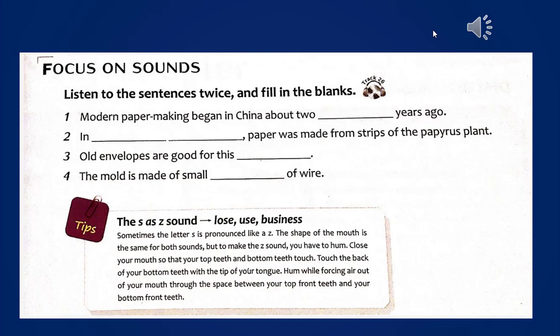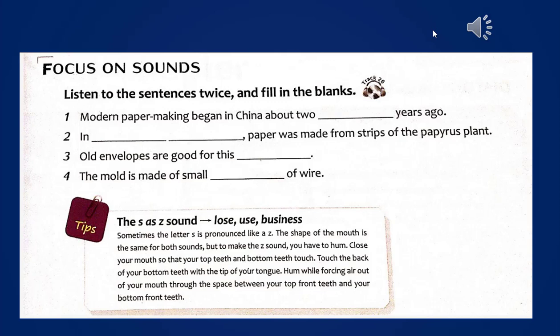In those days, paper was made from strips of the papyrus plant. Number 3. Old envelopes are good for this reason. Old envelopes are good for this reason. Number 4. The mold is made of small squares of wire. The mold is made of small squares of wire.